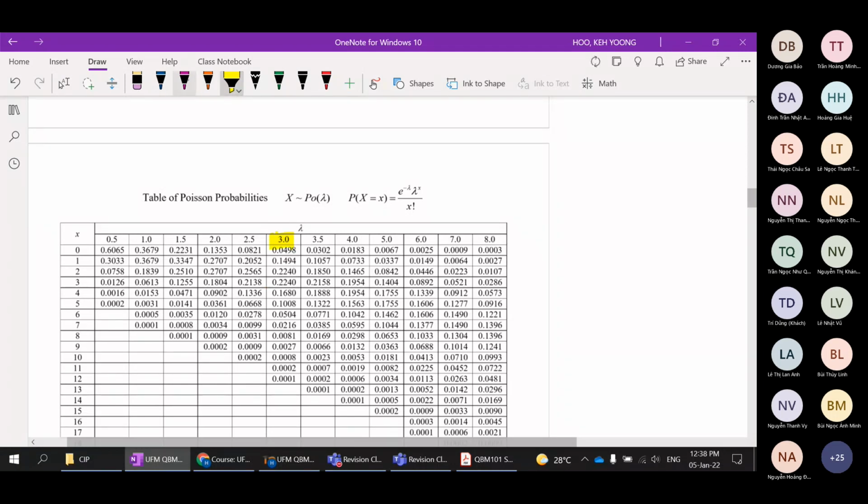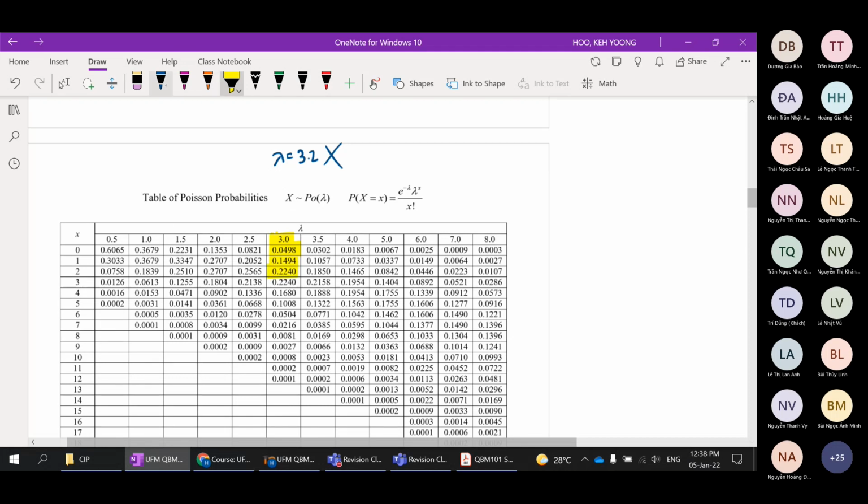If your lambda is, say, 3.2, then you cannot refer to the table anymore. Here x equals what? You want to add up 0, 1, and 2.